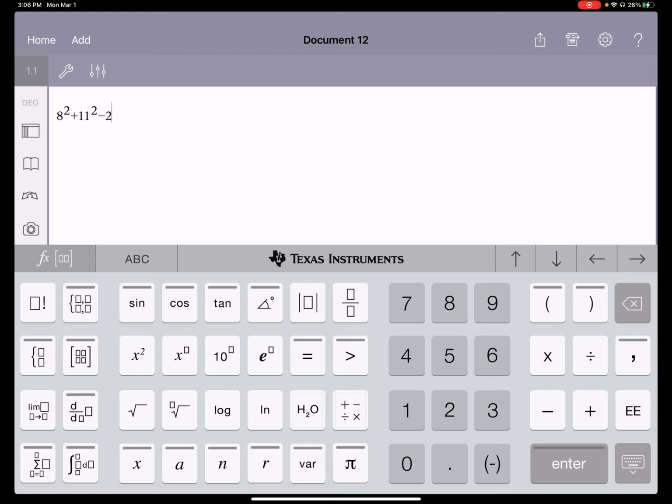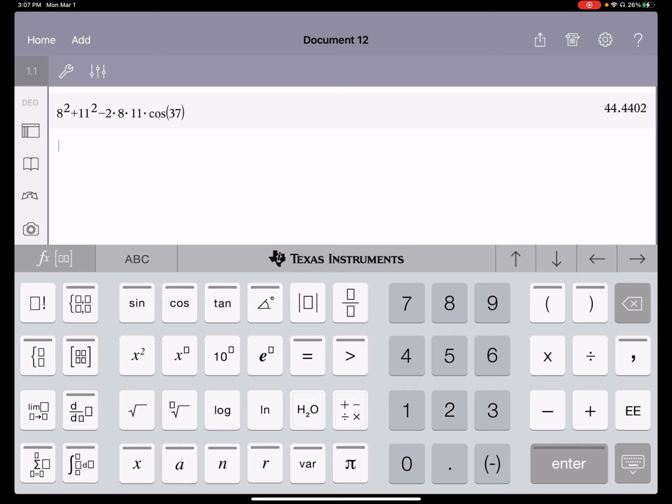So I'm going to use my parentheses. And then 11 times the cosine of 37. Again, please make sure your calculator is in degrees because we are talking about degrees.